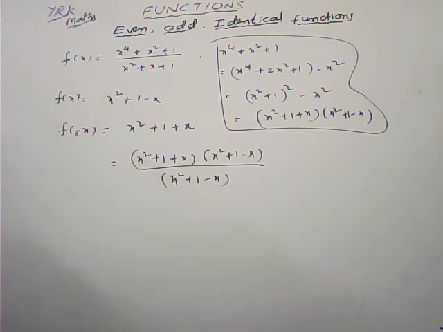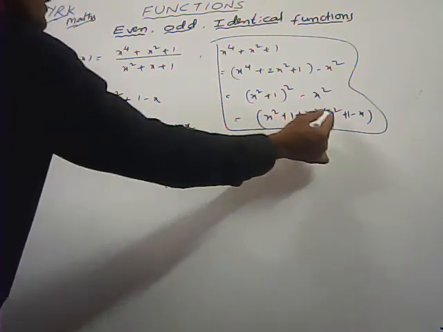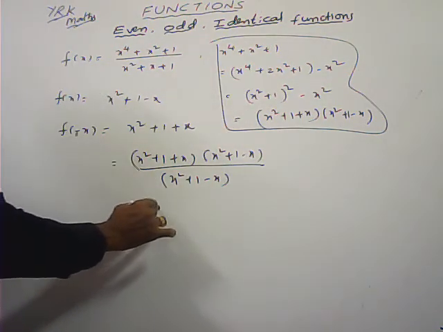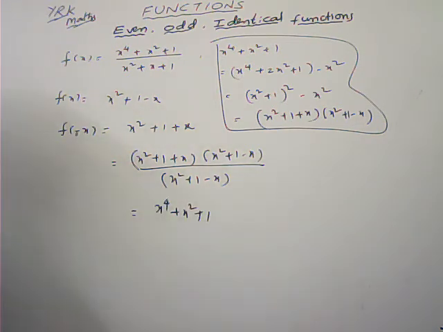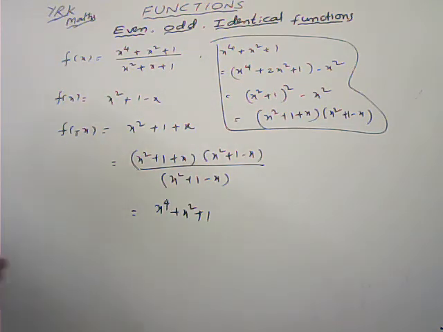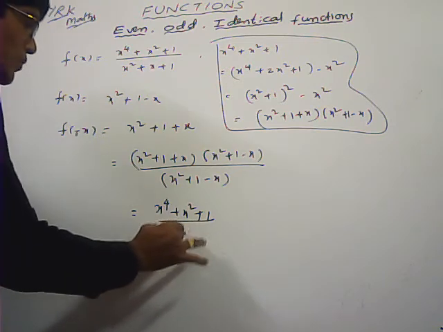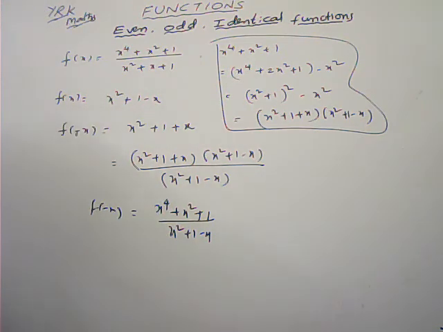Now you can see by multiplying these two we get x power 4 plus x square plus 1 upon x square plus 1 minus x. We are not getting either f of x or minus f of x. So here we say the given function is neither even nor odd.